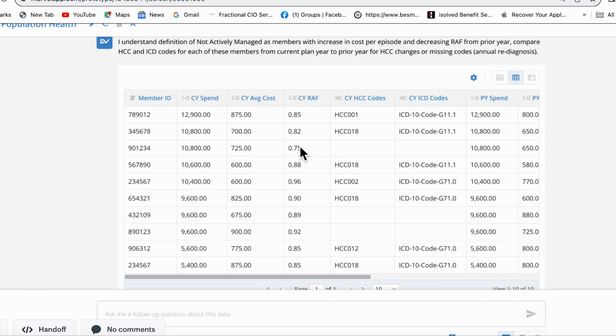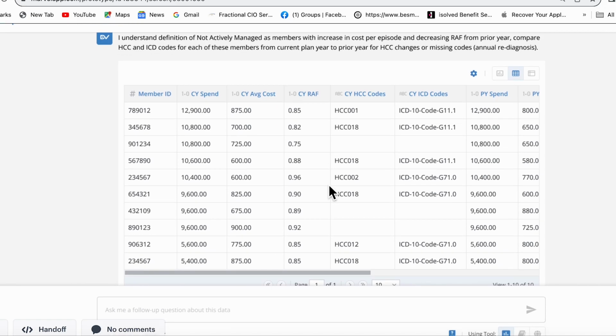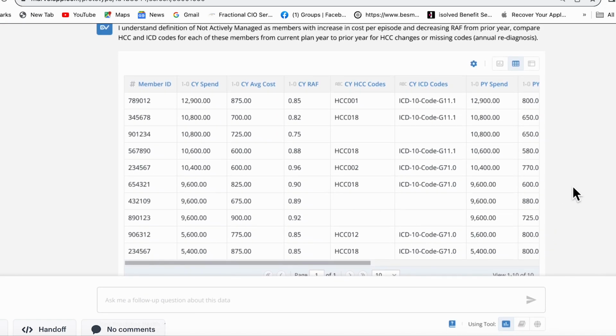Therefore, that would increase negatively the year-over-year RAF score, which would certainly negatively increase plan reimbursement, and that would be reflected in the trend that we saw from the beginning, and it would also help to support our suspicion that there are physicians that are responsible for care gaps and for coding and documentation inefficiencies that we should do an outreach to immediately.